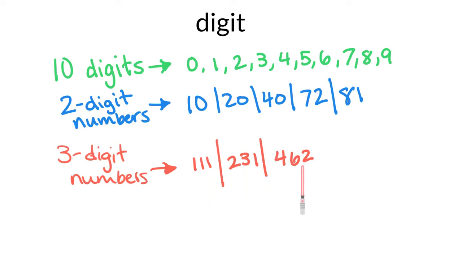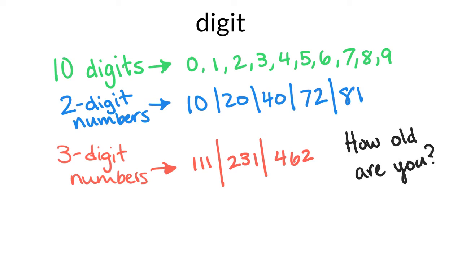So these are 3-digit numbers, and these are 2-digit numbers. How old are you? Is your age a 2-digit number? Maybe it's a 1-digit number.